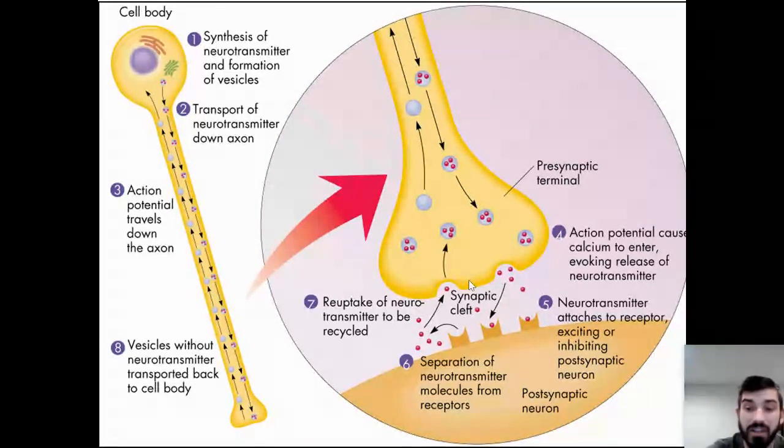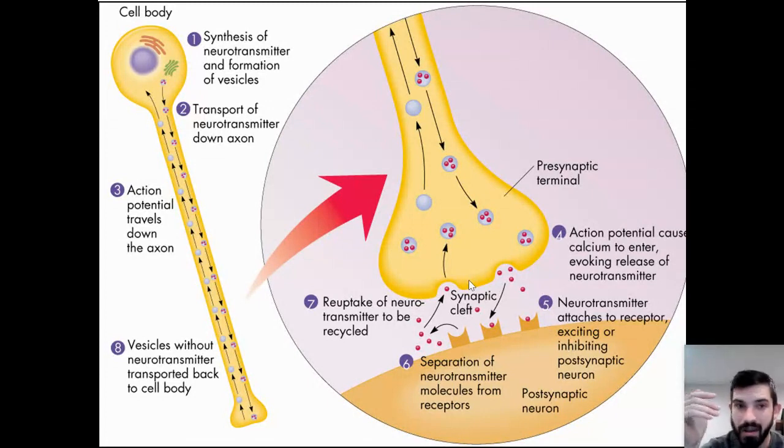And they're just going to move in random directions. And what did we talk about these past few days? About the properties of diffusion, how things diffuse. They will diffuse from an area of high concentration to low concentration. And so these will diffuse across the synapse and be received, intercepted by these receptor proteins on the other neuron.